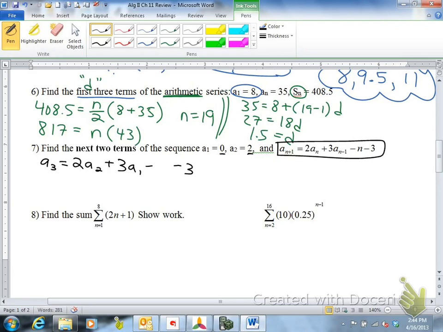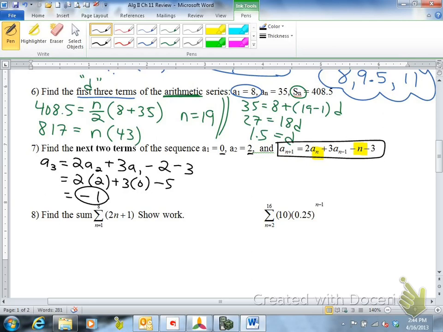And that something, this n right here, is the same as this subscripted n. So this subscripted n is 2, so that would be a 2 right here for the n. And then you plug the numbers in, you have 2 times a sub 2 is 2, plus 3 times 0, minus 5. So that would give you negative 1 is the third term.